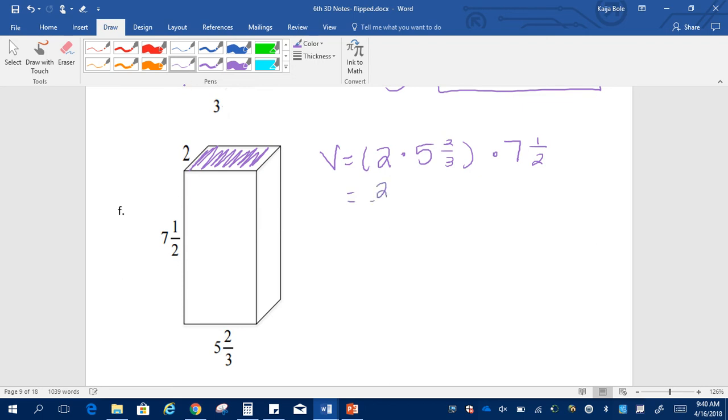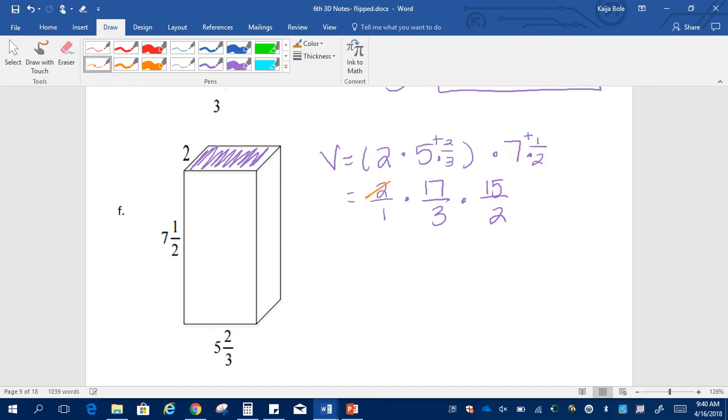So 2 becomes 2 over 1 times 5 2/3. So 3 times 5 is 15, plus 2 is 17/3 times 7 times 2 is 14 plus 1 is 15, and this is halves. So now we are looking for some cross division here.